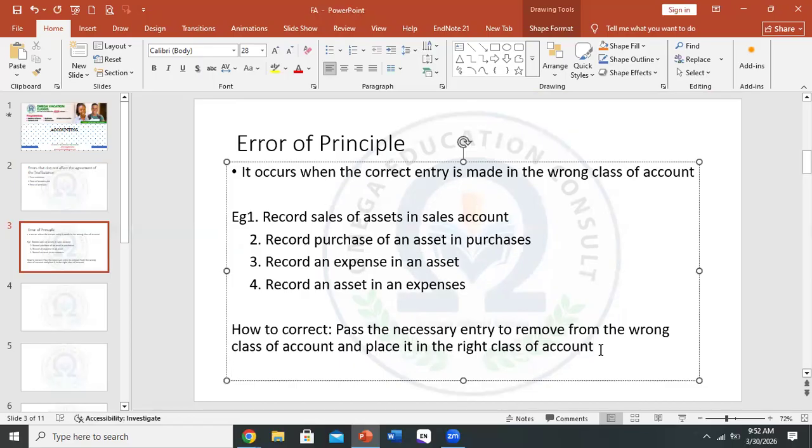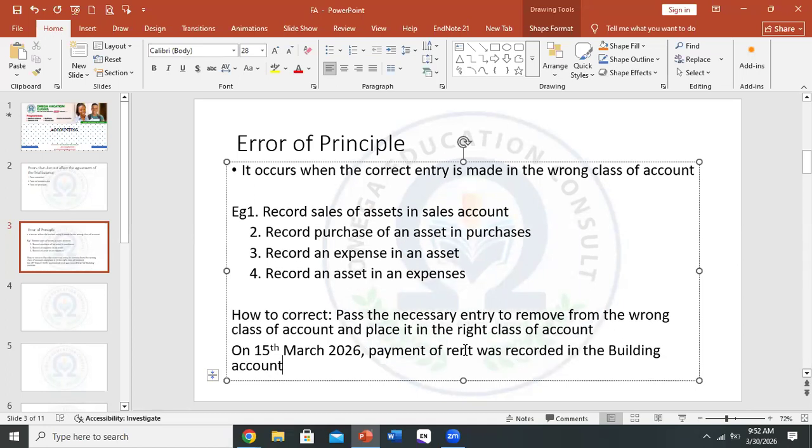So maybe on 15th March 2026, payment of rent was recorded in the building account. So payment of rent 200 was recorded in building account, right?